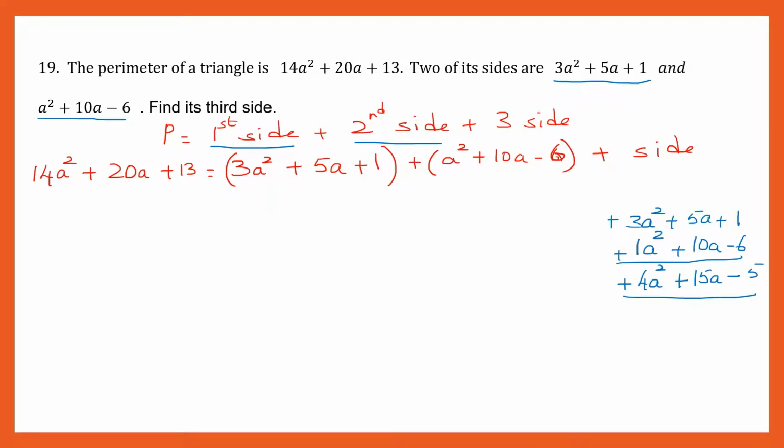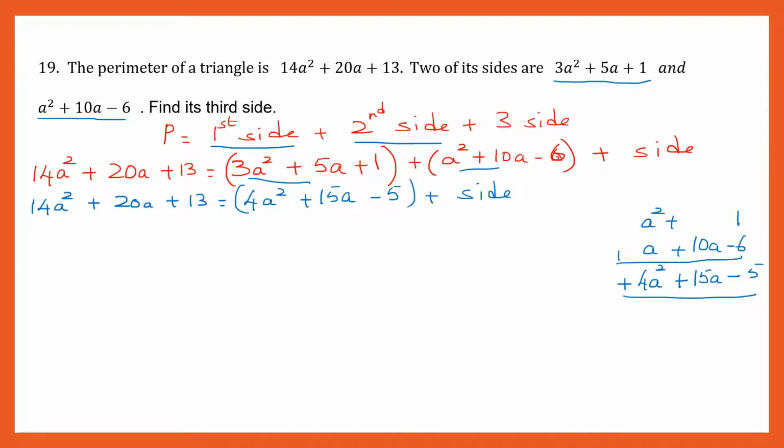So let's write the question again. Let me write the second step. 14a square plus 20a plus 13 equals, I have added up this and this, and I got 4a square plus 15a minus 5. We've got this, and we still have to find the third side.